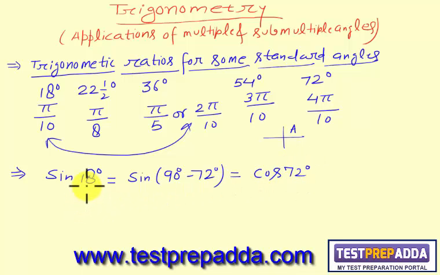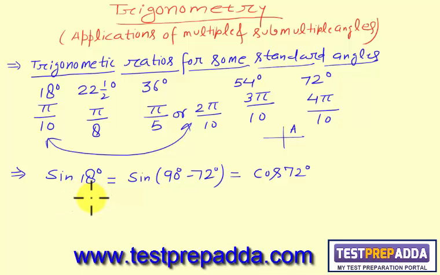So what can we say here? We will find the value of sine 18 degree, but the same will be the value of cos 72 degree. Got the idea? Okay, now sine 18 degree I'll find here.